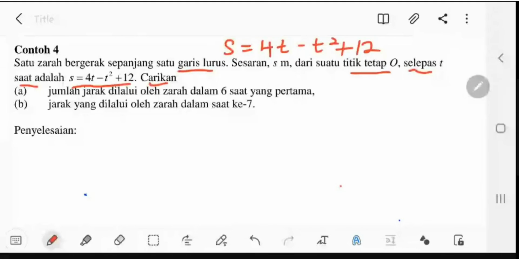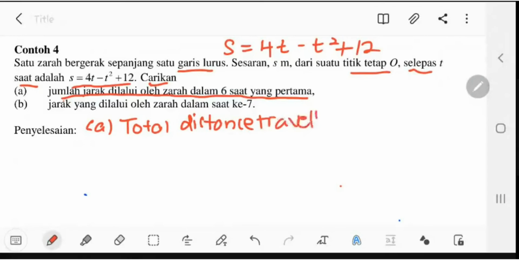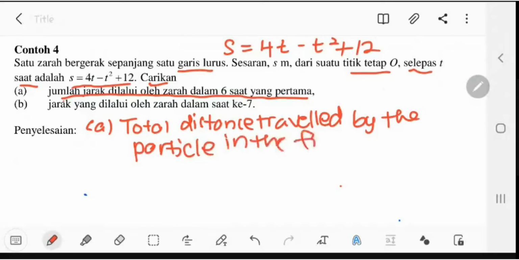Ayat ni membawa maksud dalam bahasa Melayu adalah: find total distance traveled by the particle in the first 6 seconds.